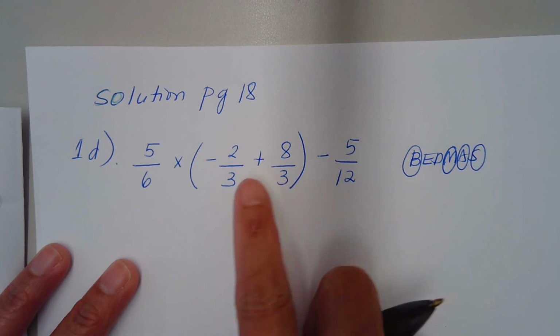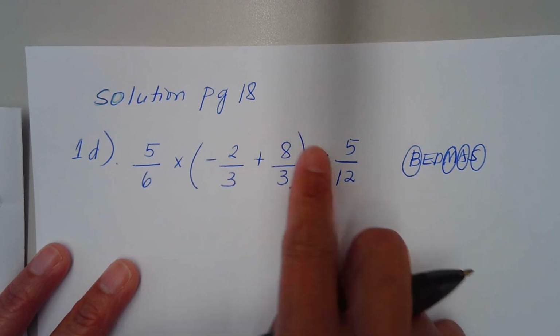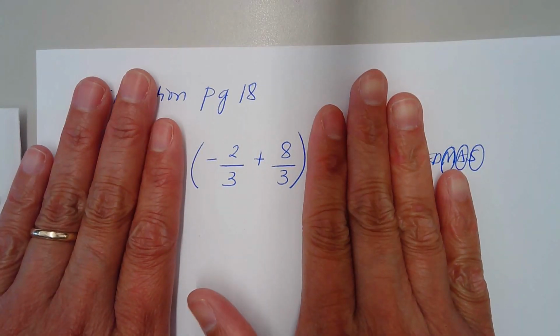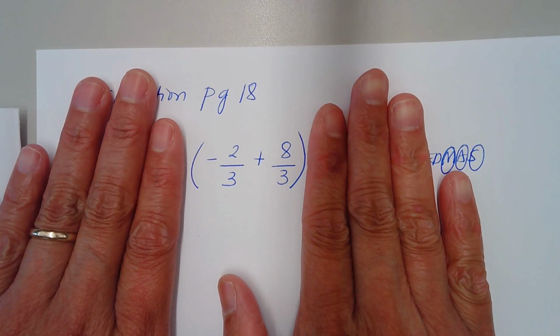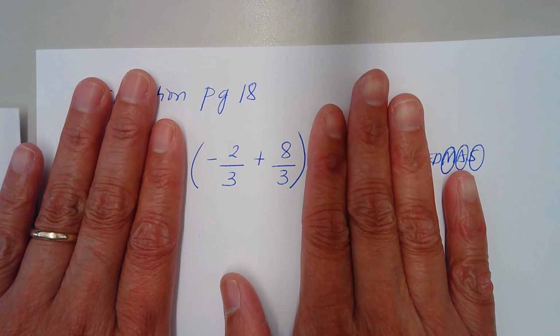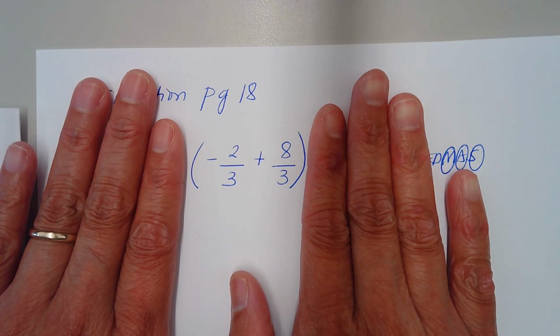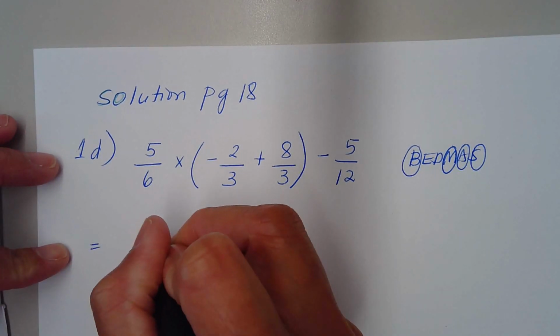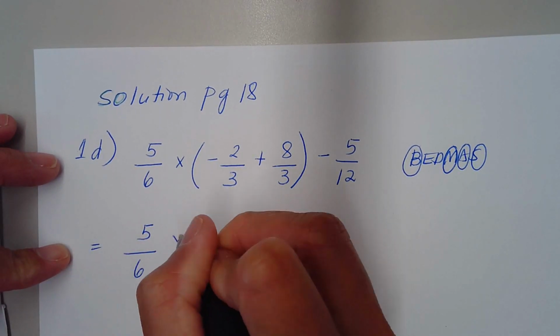Okay, so let's tackle the brackets in here. When you look inside the brackets, just focusing on that piece, it says addition. How do we add fractions? The denominator has to be the same, and they are, so that's a good thing, right? Okay, good. The rest of the parts, I'm just going to recopy so I don't lose them.